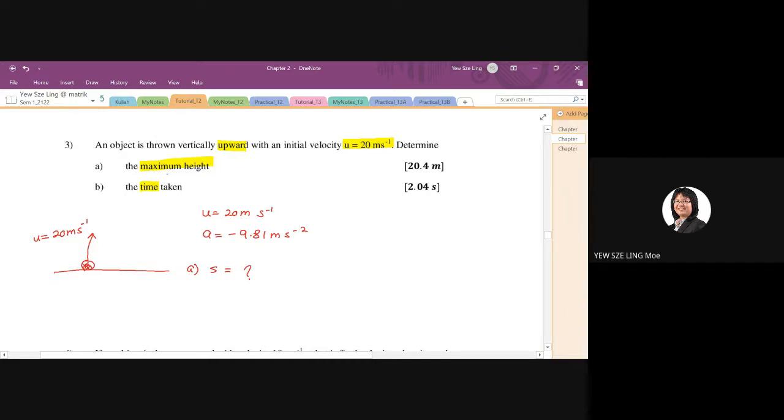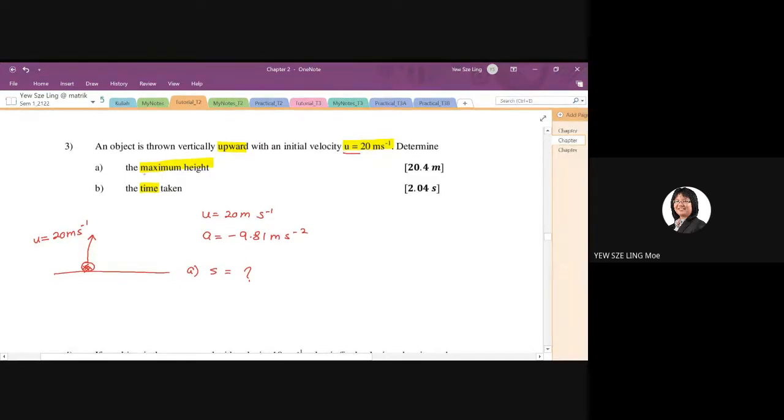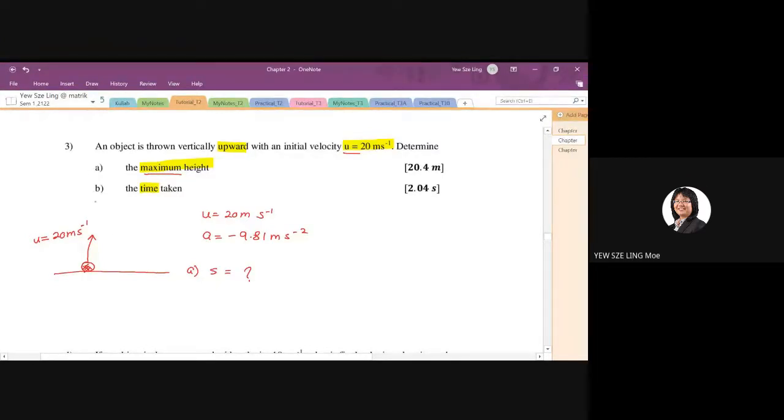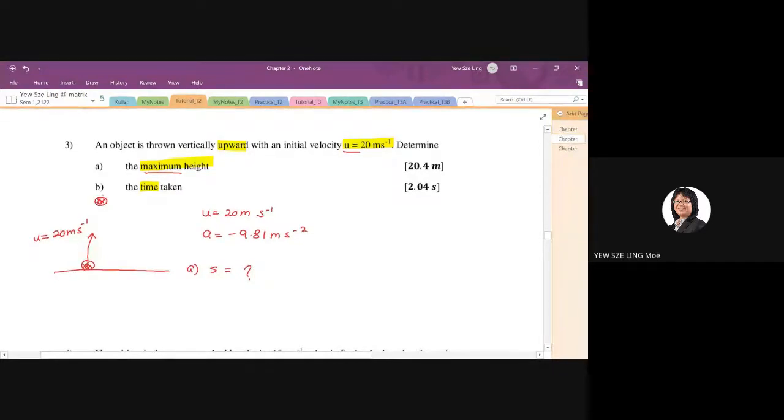So let's go back to the question again. An object is thrown vertically upward with an initial velocity. This statement gives you only one piece of information, which is u. Now, determine the maximum height. The keyword is maximum. When you throw something up and it reaches the maximum height, what is going to happen?